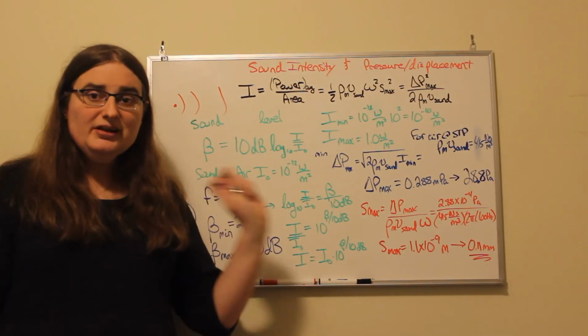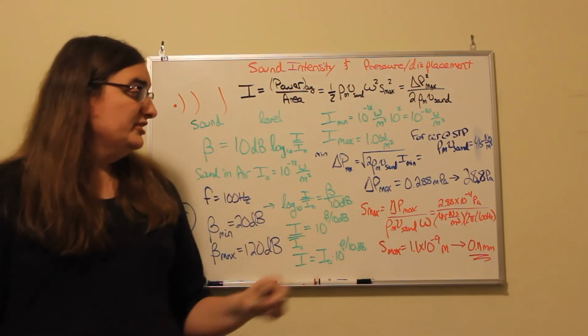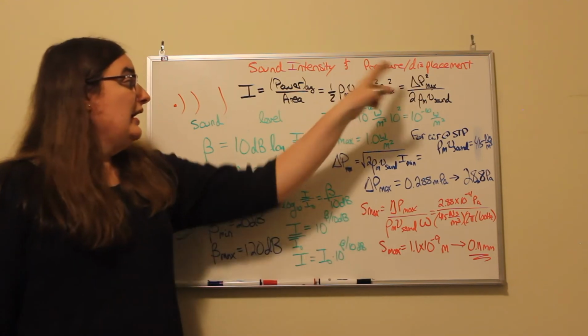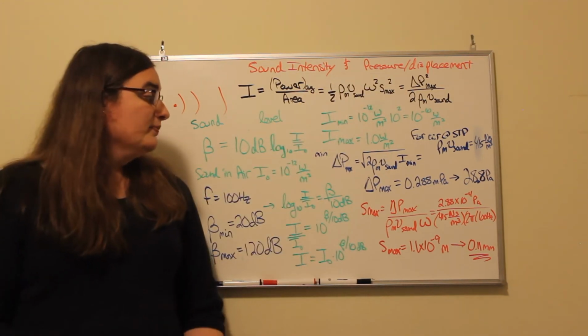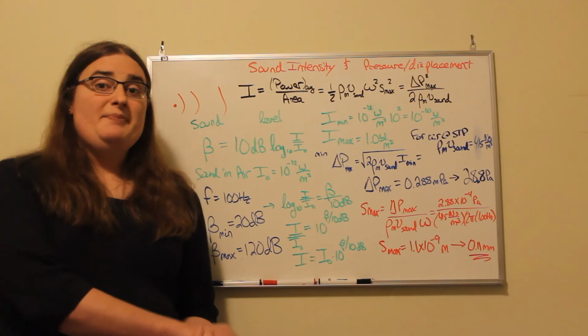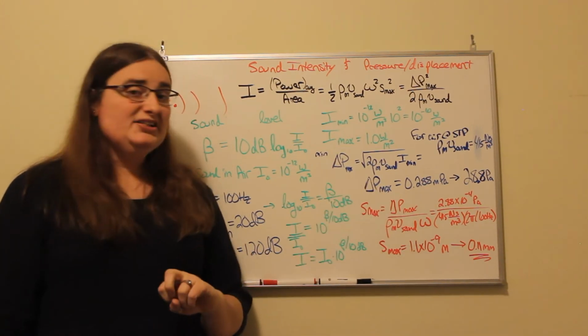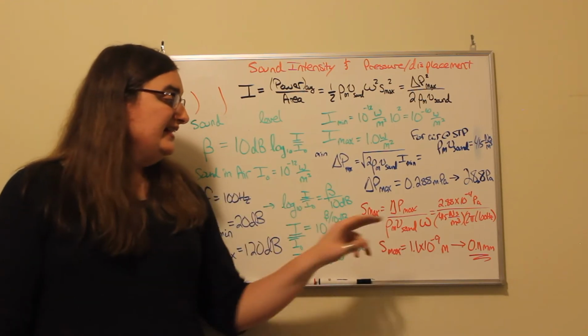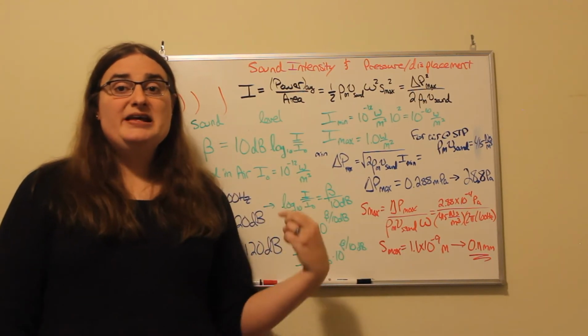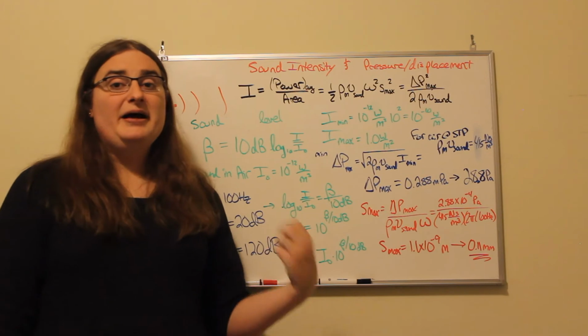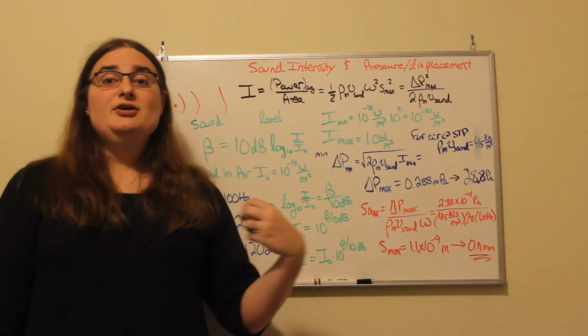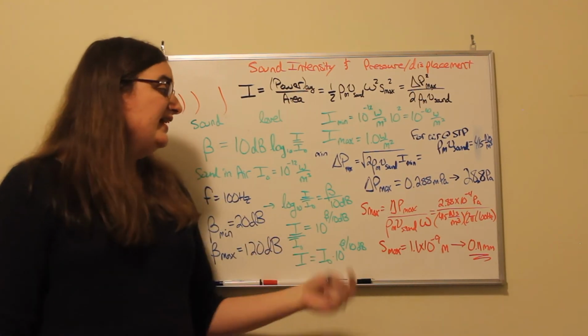Now, to correlate that to a displacement, I could solve for my maximum displacement given my maximum pressure, and my maximum displacement would be my maximum pressure divided by the density, divided by the speed of sound, and divided by our angular frequency omega, which is 2 pi times our frequency f.